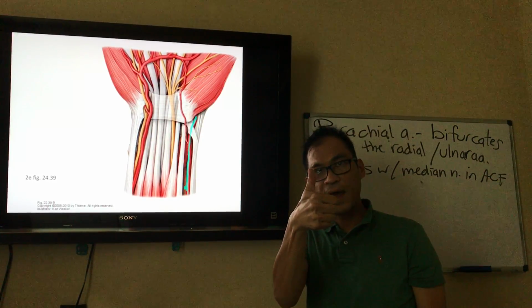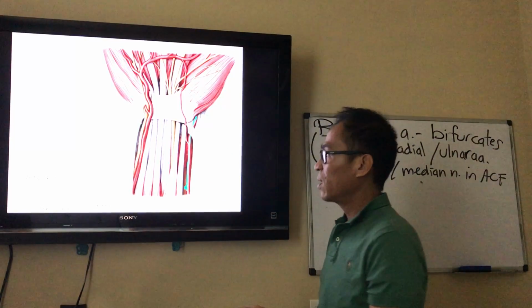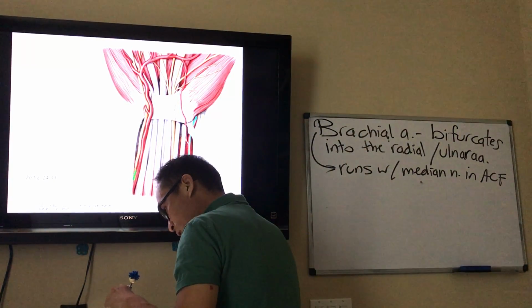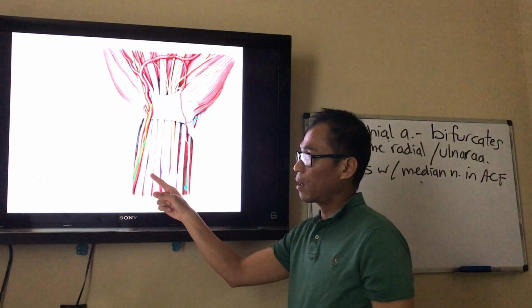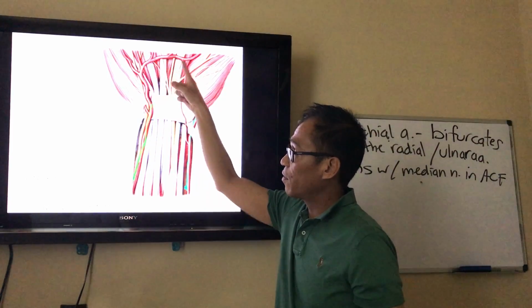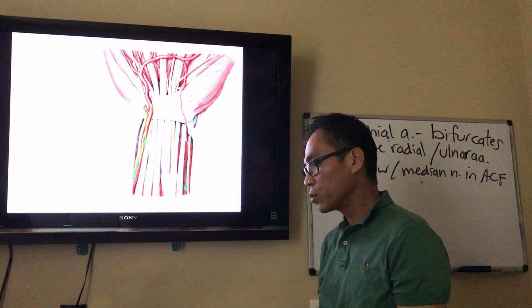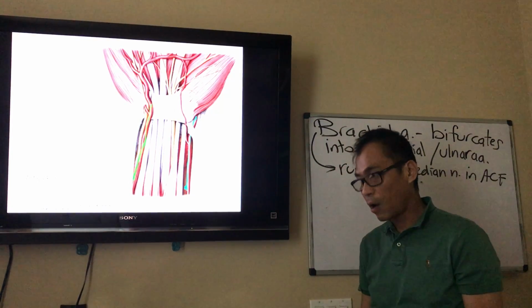That's radial. That's always how I remember. On the thumb side is radial, and the other side, use a different color, green, that's ulnar, on the pinky side. And you form these palmar arches, and there are other branches given off that I'm not going to hold you responsible for. Just be able to identify the radial and ulnar arteries.